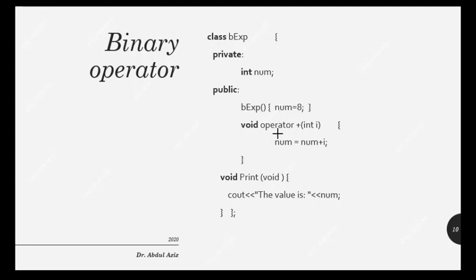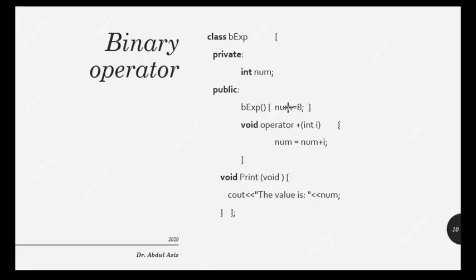Now I'm going to use the plus operator as a binary operator, so that it will accept an argument of type integer, which means at runtime I can add any constant value to the private data member of my class.